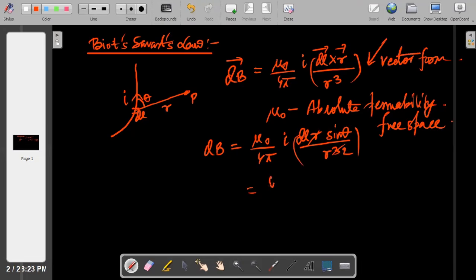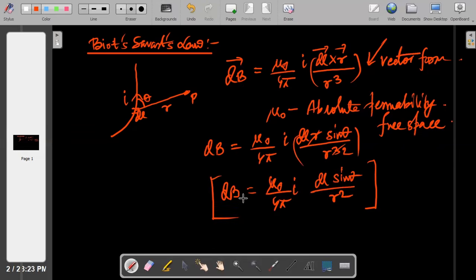Finally, we get mu naught by 4 pi into I dl sine theta by r square. This is the most common form of Biot-Savart law. From there we will get dB, and if you integrate, you will find the total magnetic field for this section.